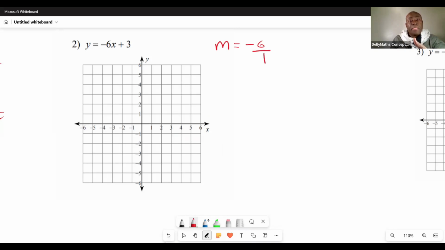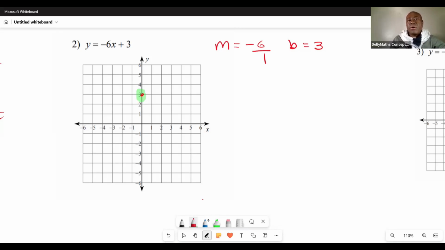So we're going to put it over 1. So we could get the rise of 6 and the run of 1. Our b value, or c, which is our y-intercept, is positive 3. So we're going to firstly establish positive 3 on our y-axis. So the graph would have crossed right here.